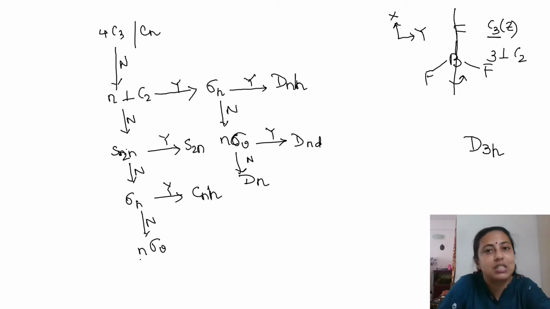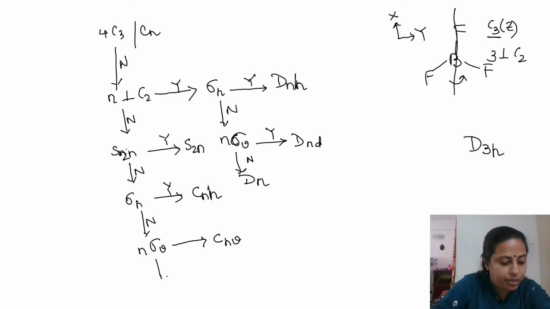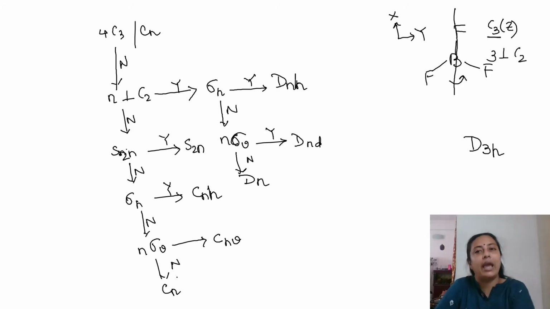As we have studied in the last class, if a Cn axis is there and if you get only one sigma v, automatically by symmetry there would be n sigma v's present in the molecule. So in that case, the point group would be Cnv. And if that is not there, then the point group would be Cn.